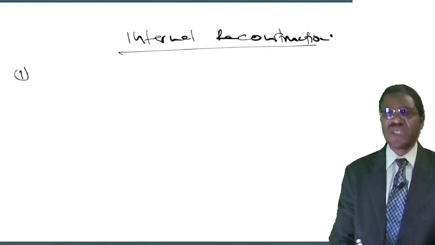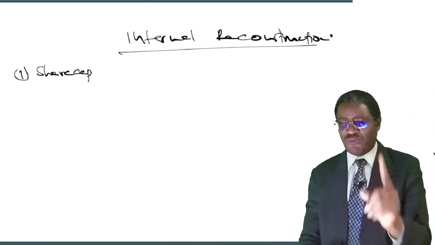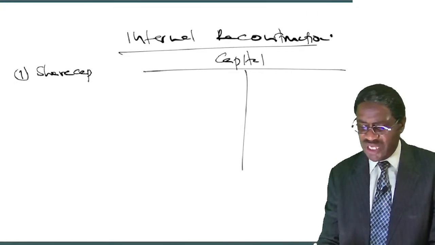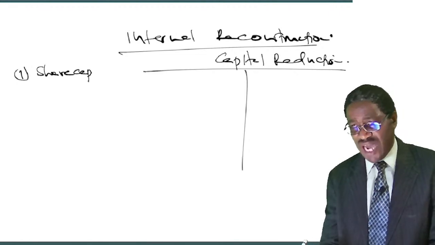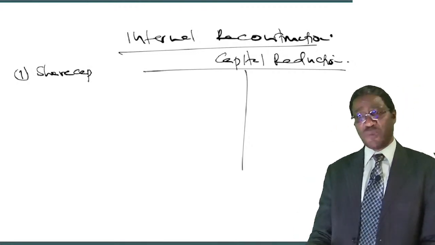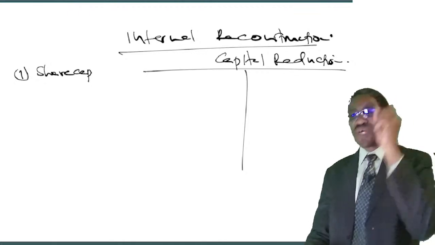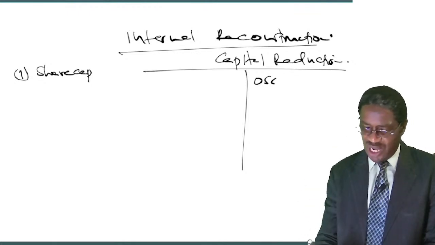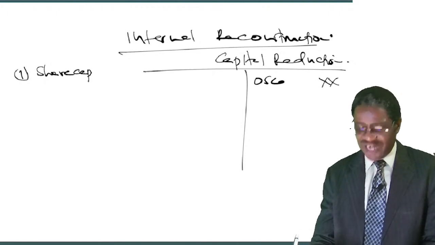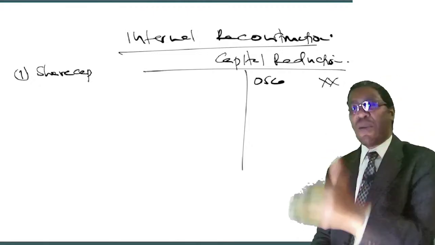Number 1, with amount written off on share capital, you debit share capital and you credit an account called capital reduction. I'm reminding you because I want us to do a past paper question now. For now, assume it is the ordinary shares being written off.